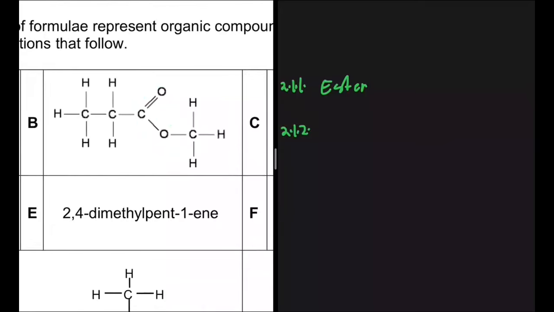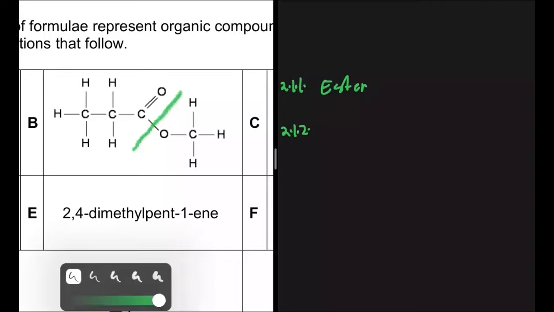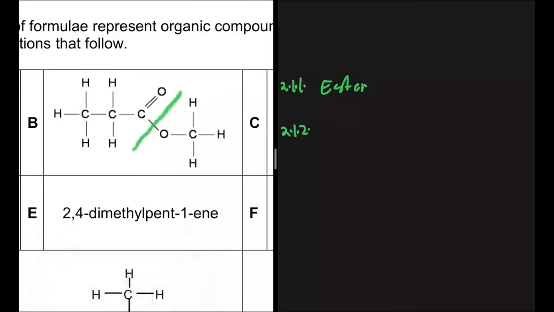You're going to come here to the structure and you're going to put a line that divides the oxygen with the double bond from the oxygen with the single bond. And then the part of the structure that has the oxygen with the single bond is coming from the alcohol.